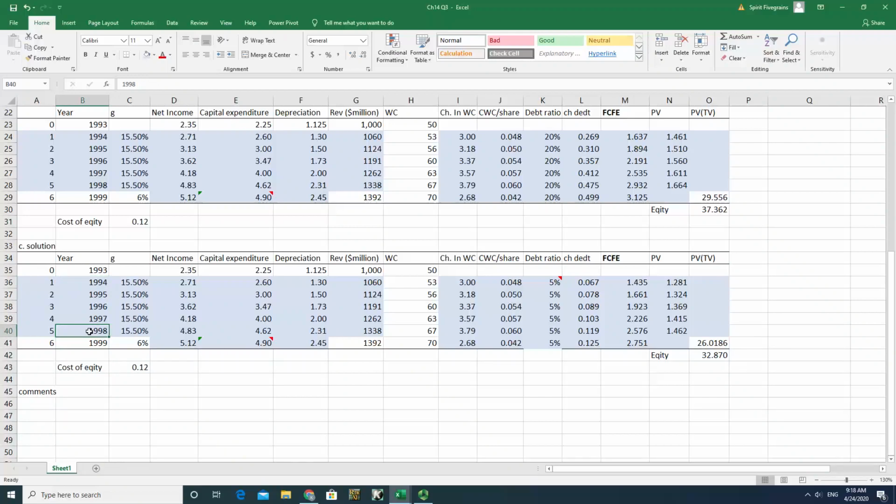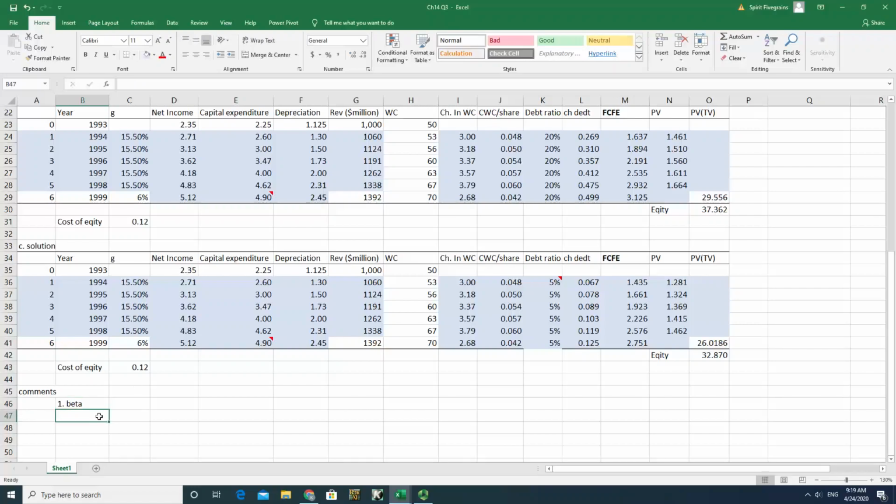But here we assume beta equals 1. That is one potential drawback. But since the question stated that beta is 1, that's okay. But in a real case, you really want to pay attention to this. Beta should be higher during the high growth time period.